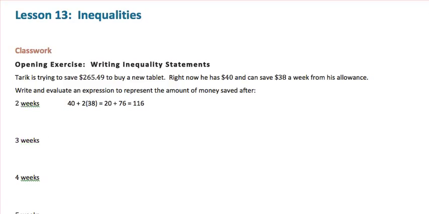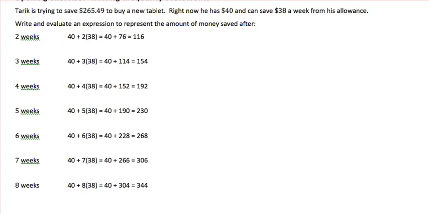At 3 weeks, he has 40 plus 3 times 38, and after we complete all of the numerical expressions, we find a total at 8 weeks of $344.